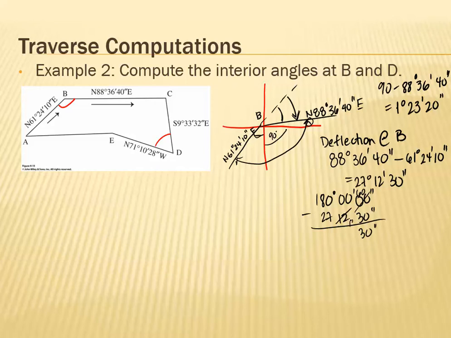I add 1 to this one because I borrowed. And then I need to make this one 2. 60 minus 13 is 47. Okay, and then I'm going to return 1 to this one. 180 minus 28 is 152. So 152 degrees, 47 minutes, 30 seconds, and this is the interior angle at B.